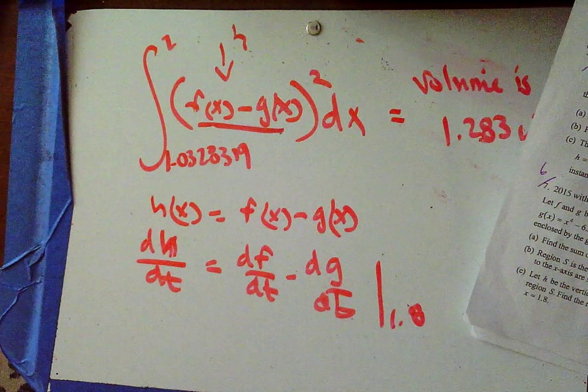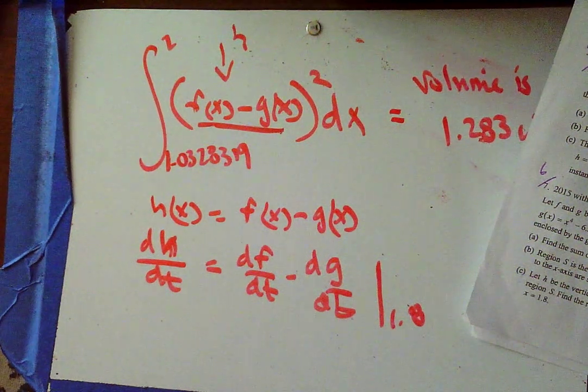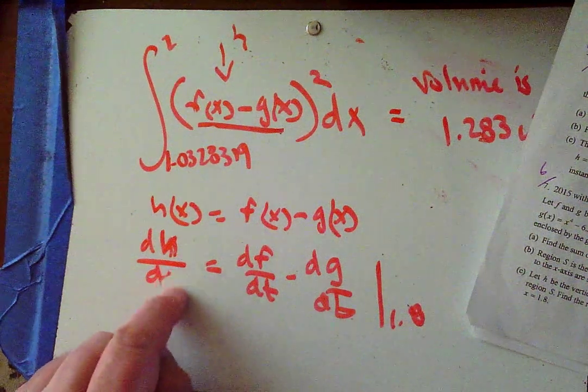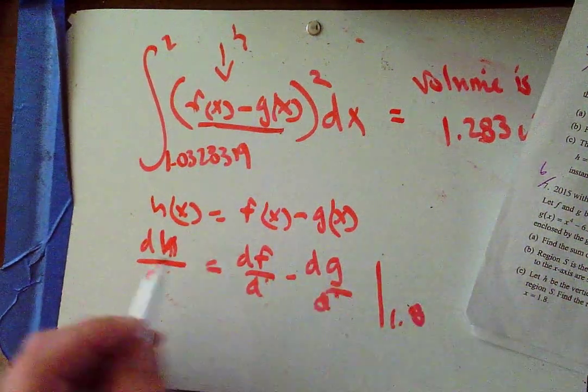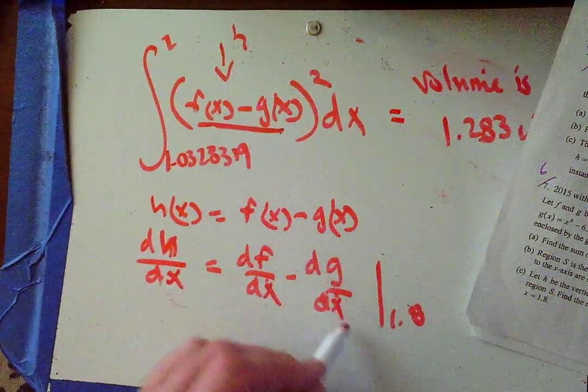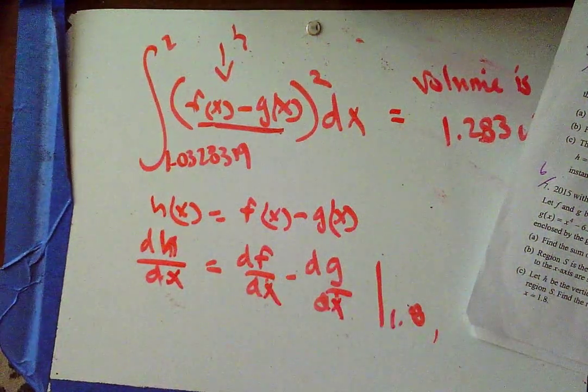Oh, but wait. It's not with respect to time. There is no time here. It's with respect to x. That's much better, because I was just worried about plugging in this.